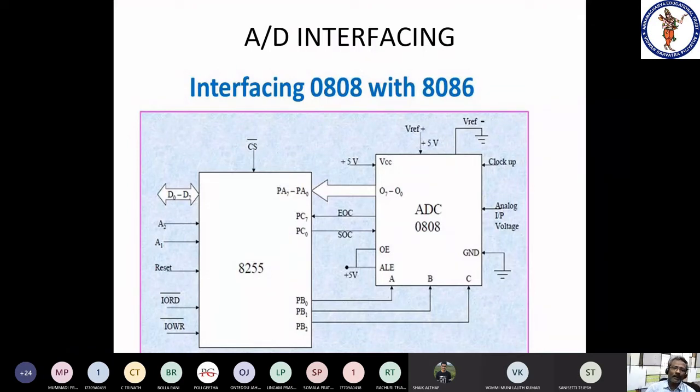Now let us see, analog to digital converters are of two types. One is the direct type analog to digital converter, and another is the indirect type. In the direct type, whatever analog input is applied is compared with an internally generated standard reference signal.